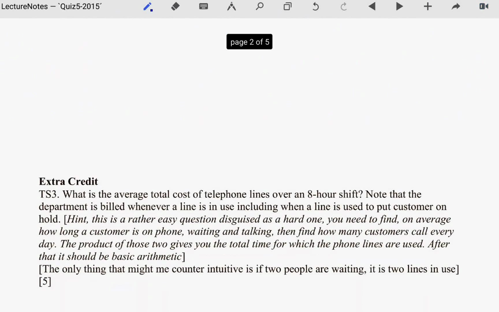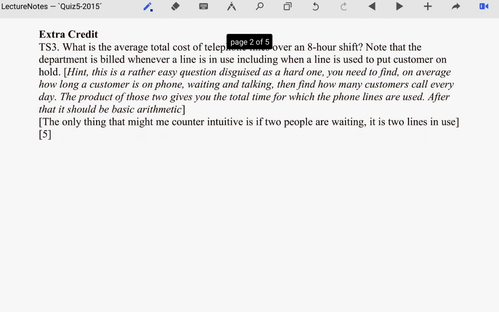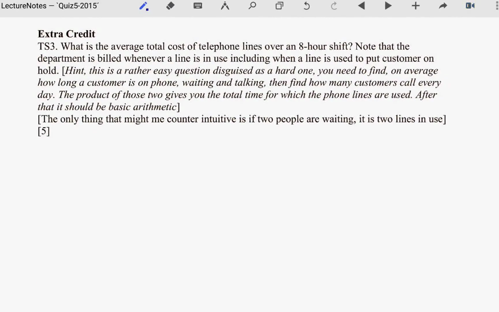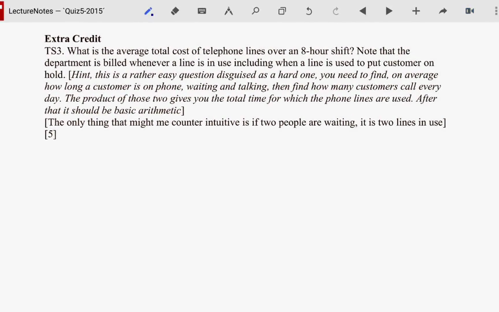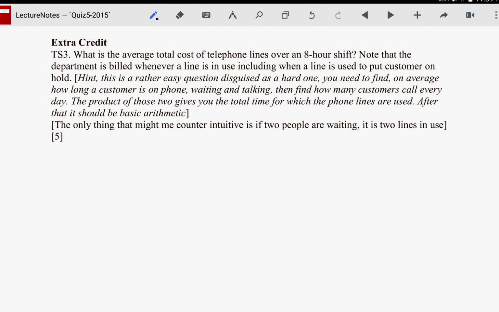All right. Let's look at the next problem. So this was the extra credit problem. It sounds very difficult to find the cost of the telephone call, because think about what is happening. If there is this telephone wait line, this is a virtual queue, suppose.